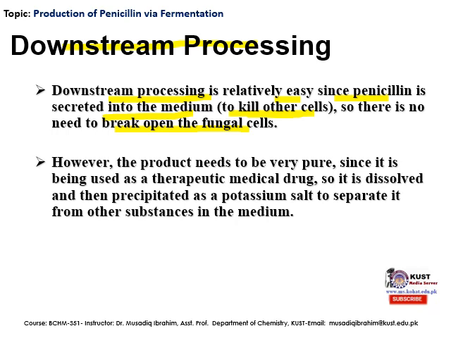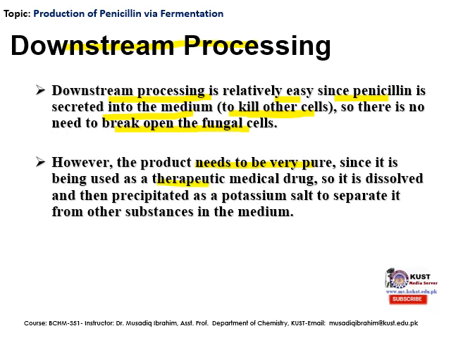Along with it, the importance of downstream processing comes into action: penicillin, as a secondary metabolite, will be used as an antibiotic, as a drug for treating patients. Therefore it needs to be very pure, as it is used as a therapeutic drug.